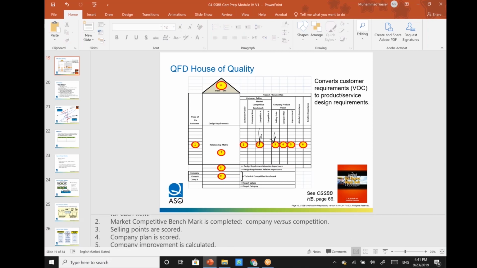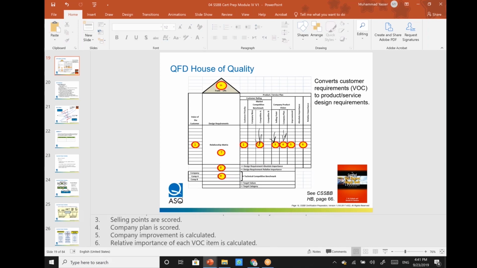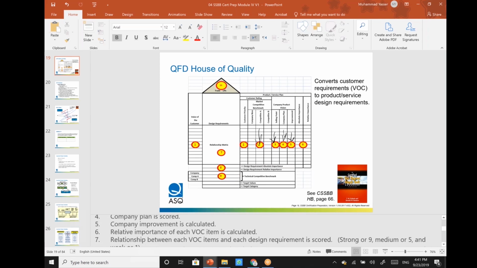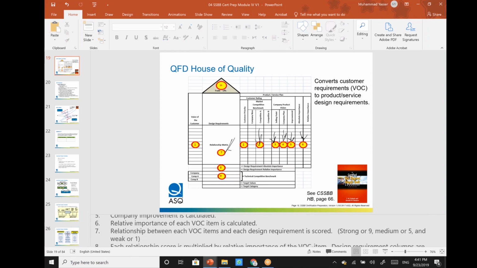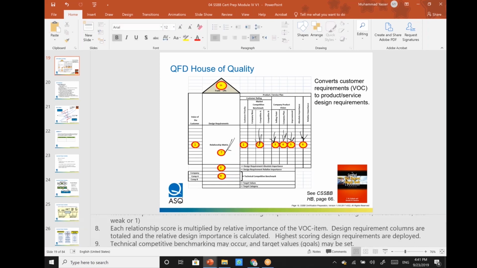Number 3, the selling points are scored. Number 4, the plan is scored. Number 5, company improvement is calculated. Number 6, relative importance of each VOC. Number 7 is the relationship between each VOC item and each design requirement, which is scored. Number 8, each relationship score is multiplied by the relative importance of the VOC item.